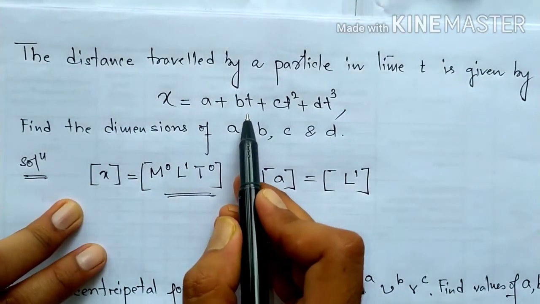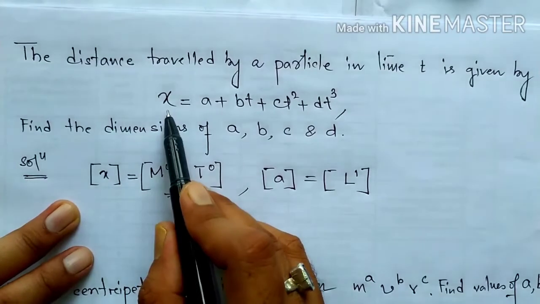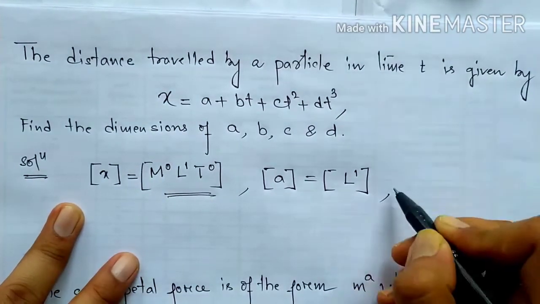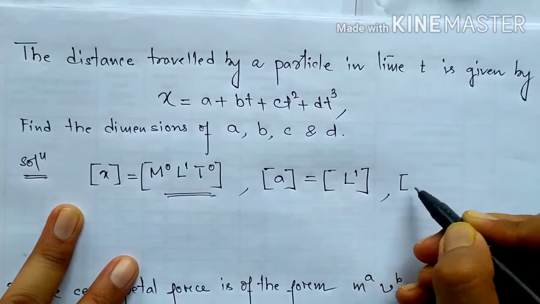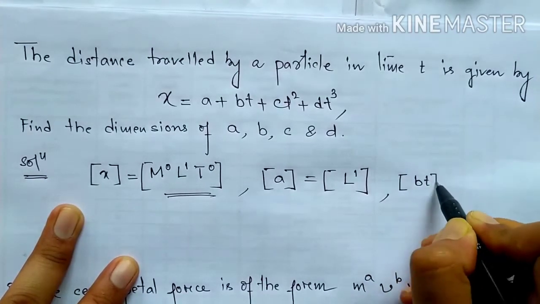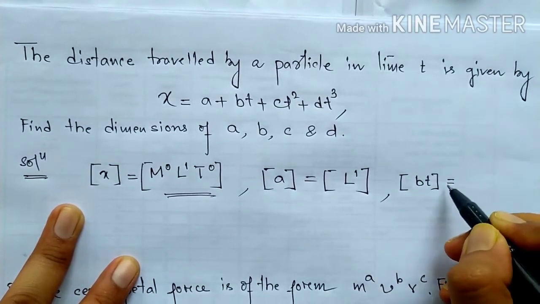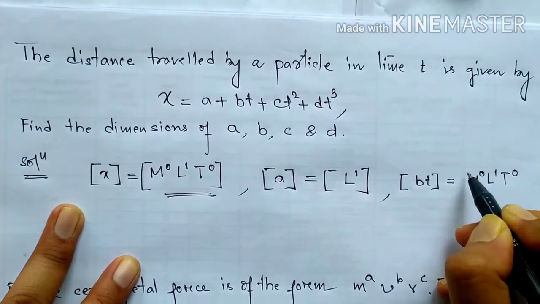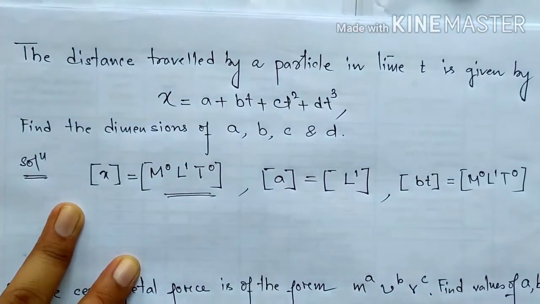The dimension of bt has to be the same as that of x. That means m to the power 0, L to the power 1, t to the power 0. Fine.